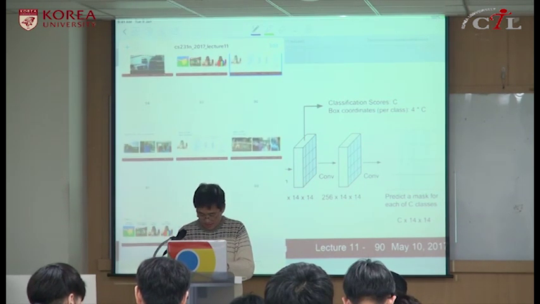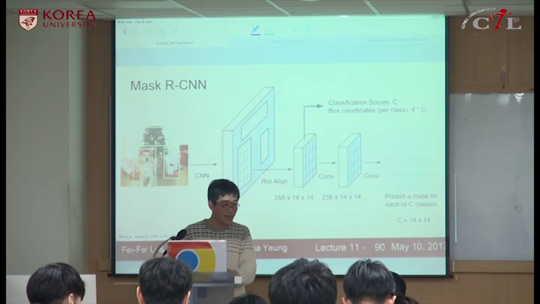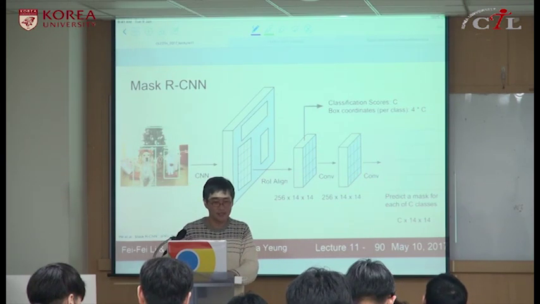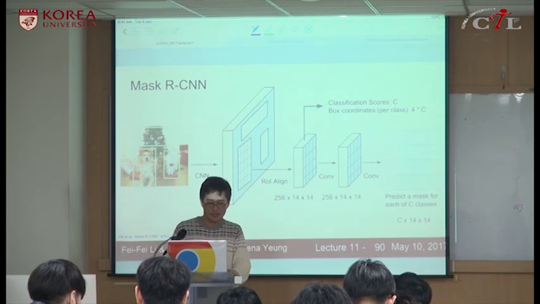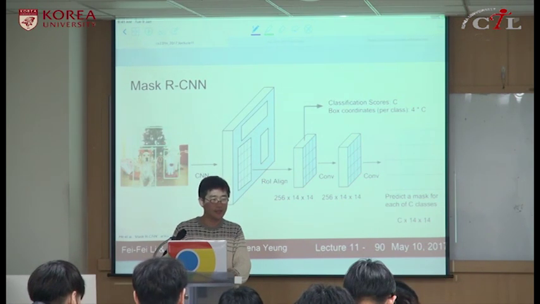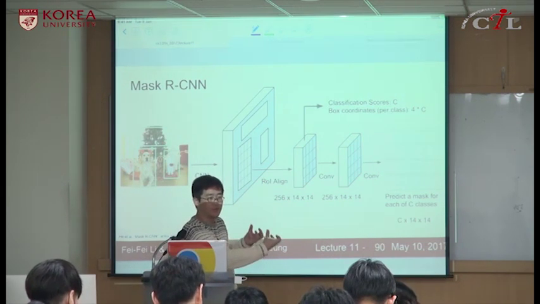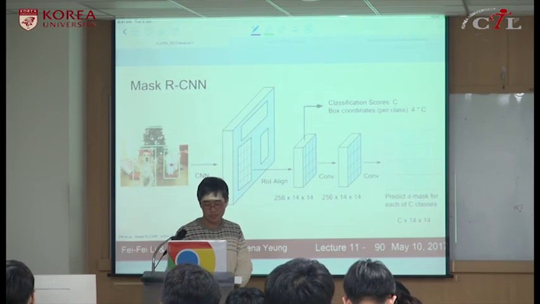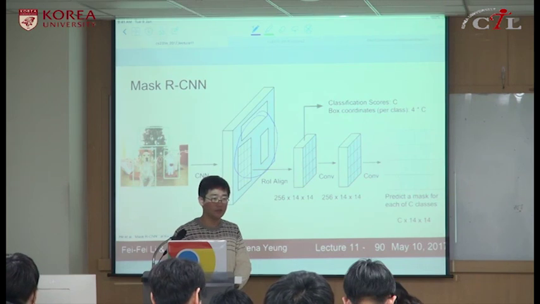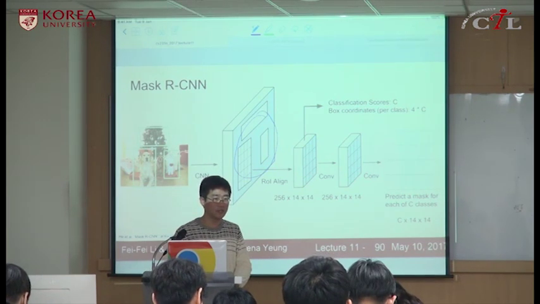Okay, and this Mask RCNN, I believe you understood this, but it's still following the two-stage approach, where the first stage determines the ROI regions.